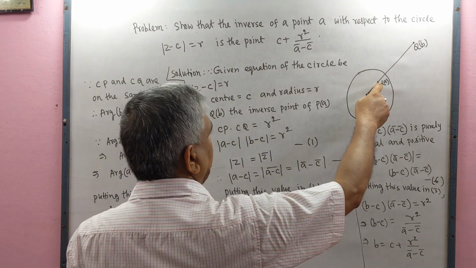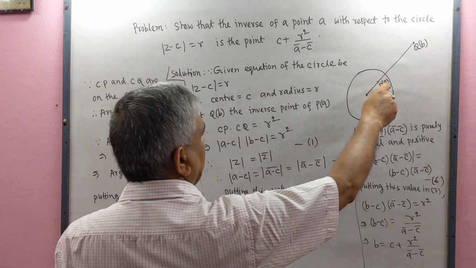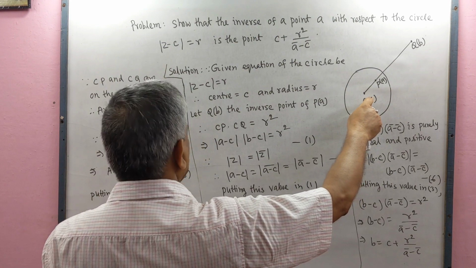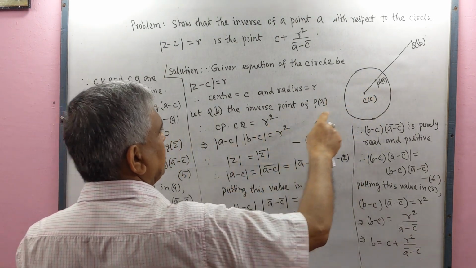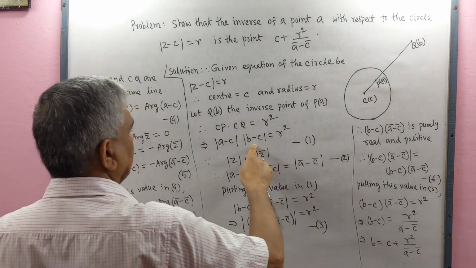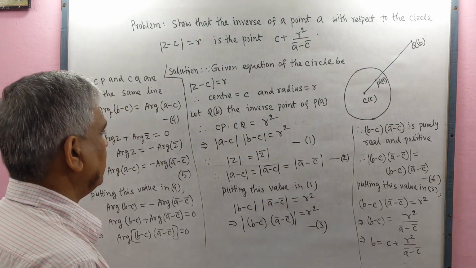CP is modulus of A minus C and CQ is modulus of B minus C, equal to R square.